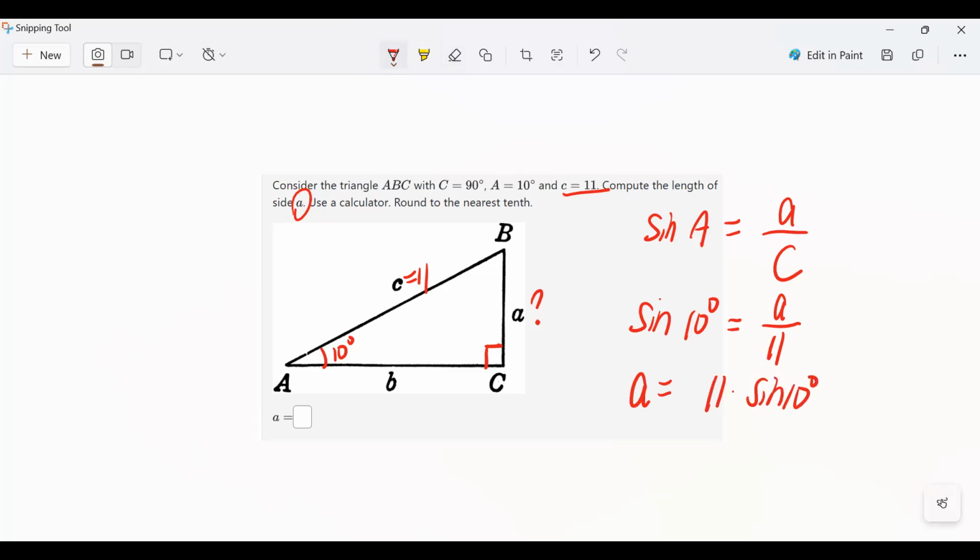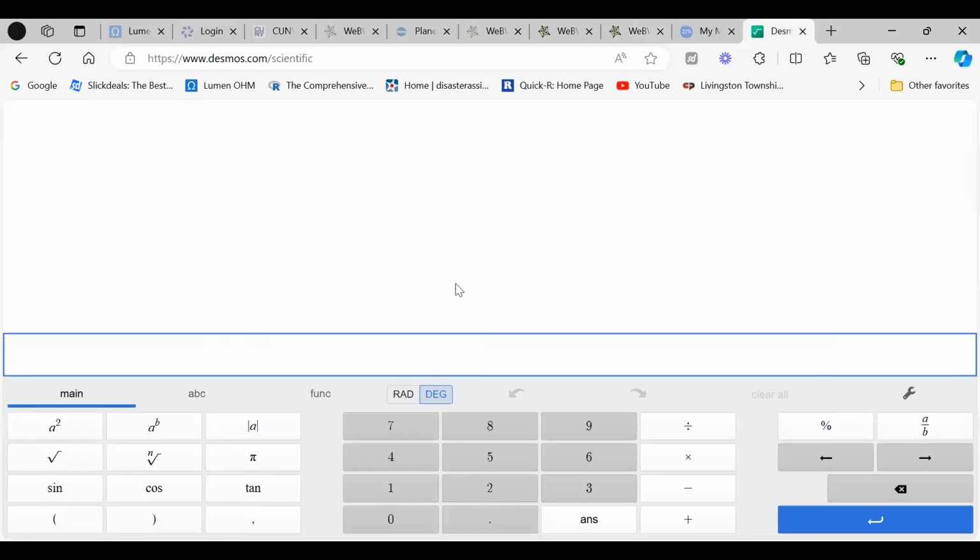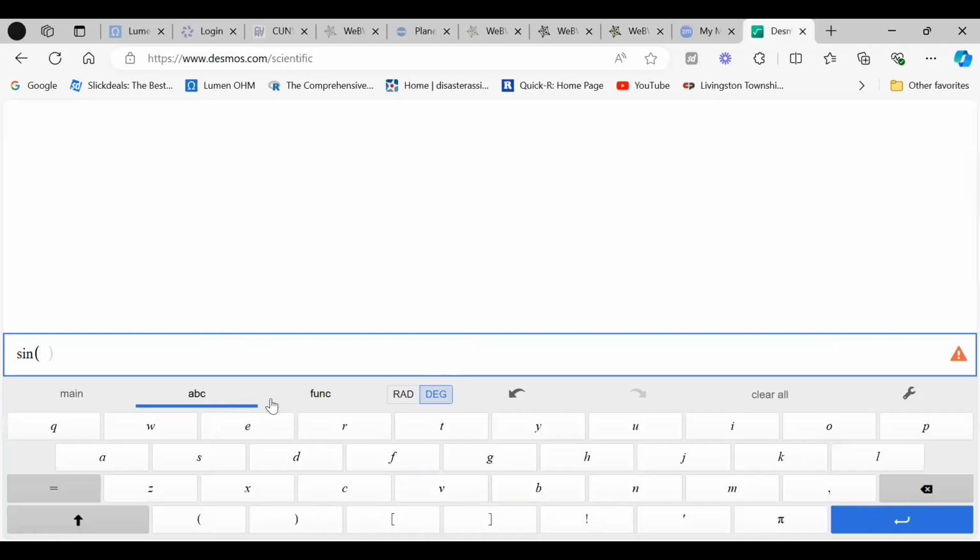We may need to convert it to the radian measurement. Let's take a look at what the calculator will look like. So we're going to do sine, right? Sine 10 degrees. There's no degree icon here. Do we have a degree icon?